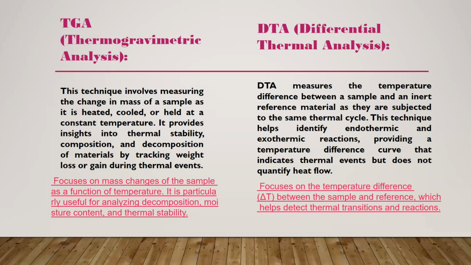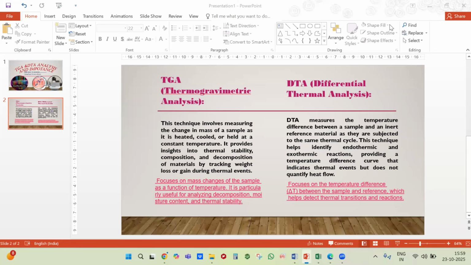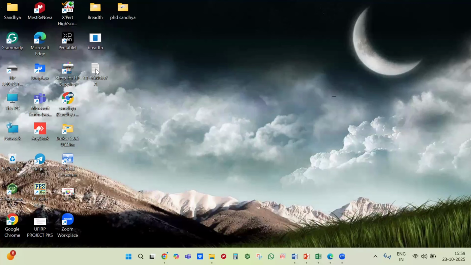Whereas DTA tracks the temperature difference between the sample and the reference which we have loaded. So initially, we are able to extract the analyzed data in the form of TXT. Let me show you. See, this is the file.